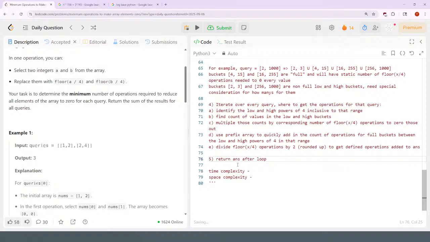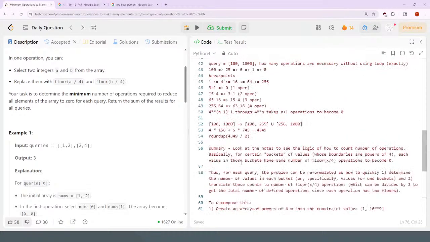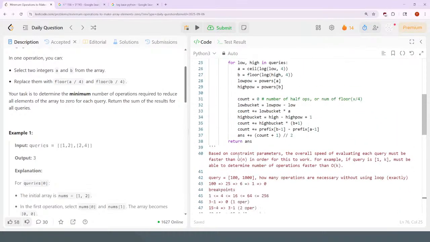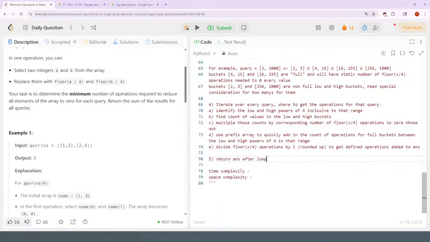Okay. The time complexity of this should be O of n, where n is the number of queries.